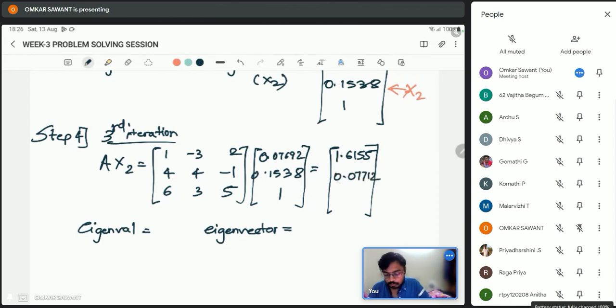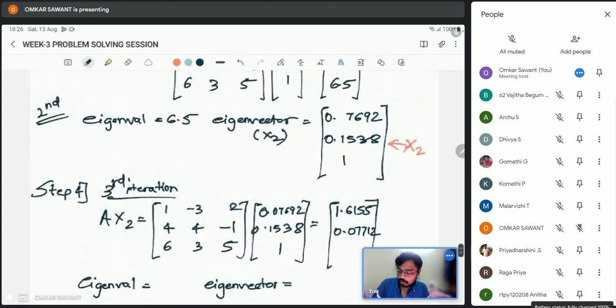Right. And the final value is 5.922. 5.922, right?